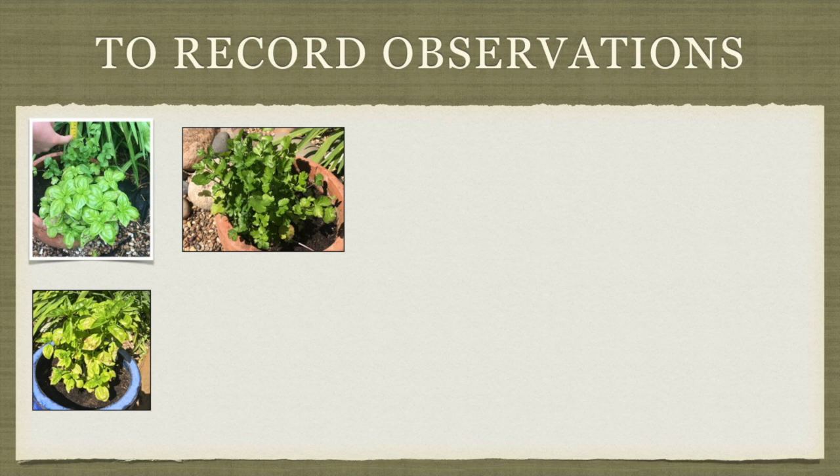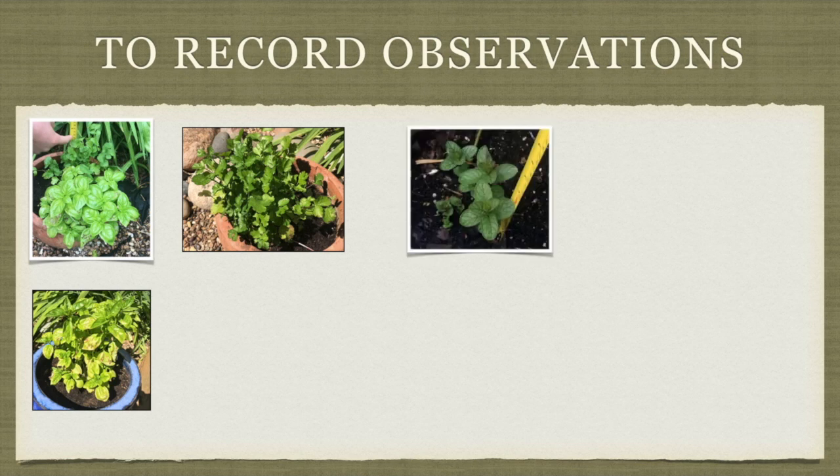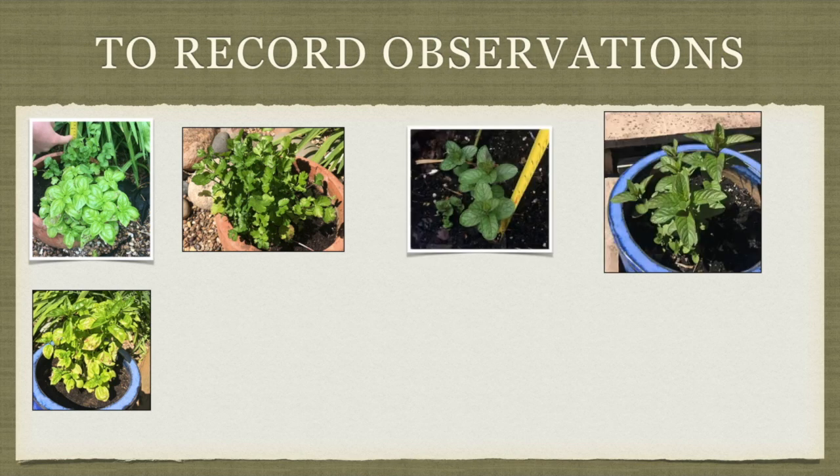On the right hand side we have coriander, and on the bottom we have the basil. Now you will notice shortly that there is a change in the growth of these plants. So we've got the mint that I've just uncovered, and we can see that from the beginning the mint's much shorter, and then on the far right hand side we can see that the mint has grown much taller.